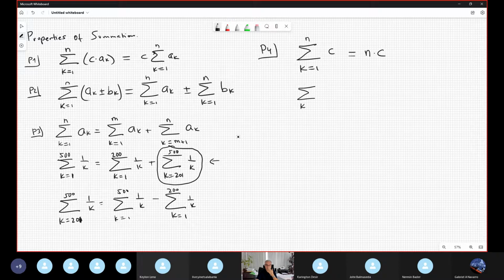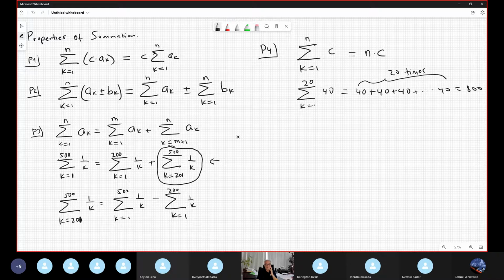Suppose k equal 1 to 20 of 40. This is equivalent to 40 plus 40 plus 40 because this doesn't depend on k. And this is 20 times 40 in total. Therefore, the answer is 800.